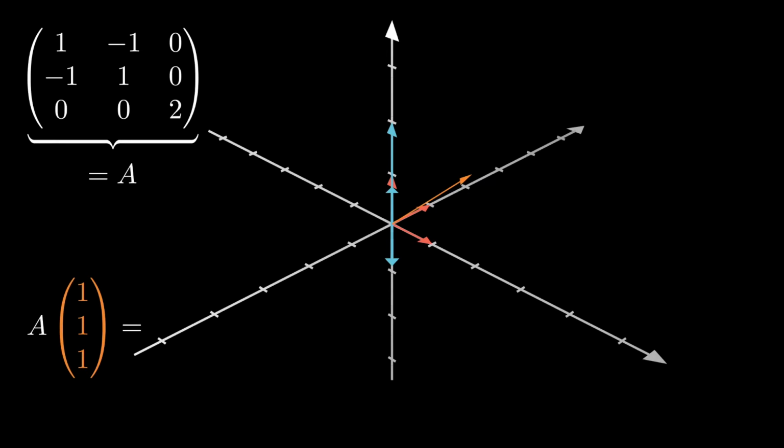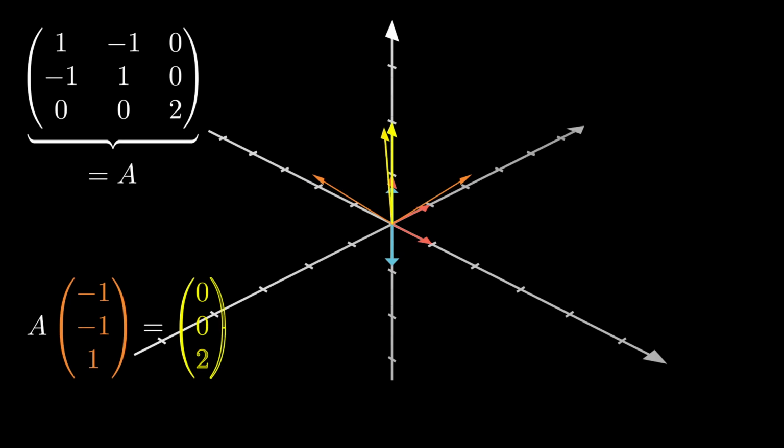For example, A times the vector (1, 1, 1) is equal to 1 times A times the first canonical vector plus 1 times A times the second plus 1 times A times the third. So A times (1, 1, 1) is equal to the sum of the vectors plotted in blue here. So we almost instantly figured out that A times (1, 1, 1) is equal to the vector (0, 0, 2).